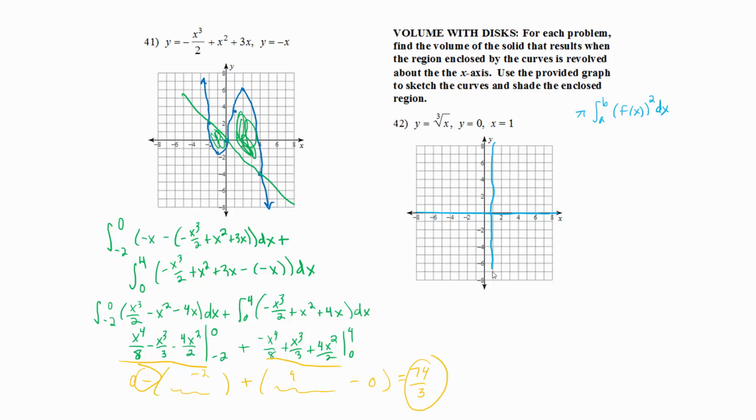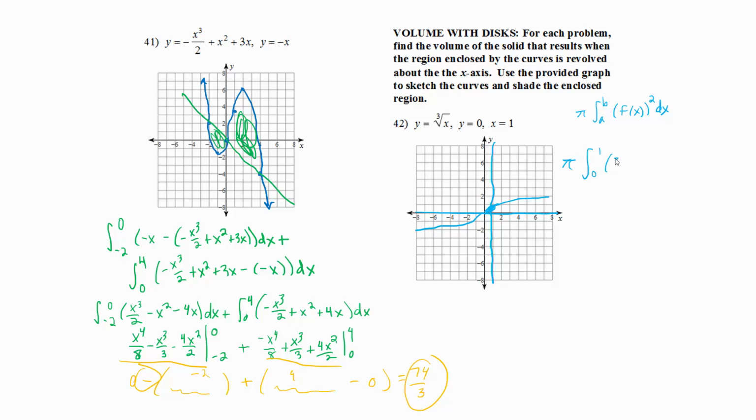X equals 1 is a boundary. A cubic function, you go to math to find that button, and it should look like this. All we want is this little part that's in between all three of those things. And so that means that our boundary is from 0 to 1.